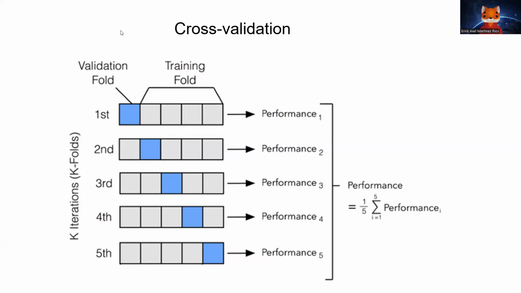Well, the idea of cross-validation is that we have the whole data set. For example, here we have a data set that is represented by these squares, and we are dividing this data set into two main parts. We have a training fold and a validation fold.